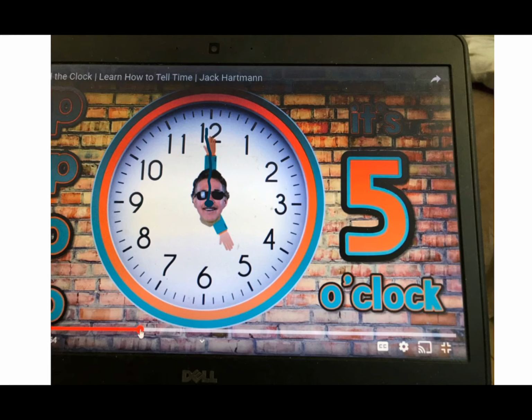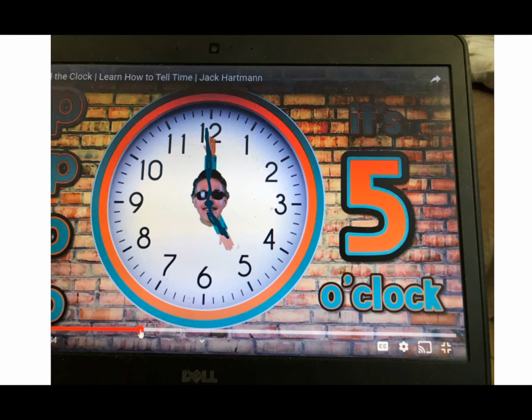And there was also a shorter hand, and the shorter hand was the hour hand. So the minute hand is a longer hand, the hour hand is a shorter hand.